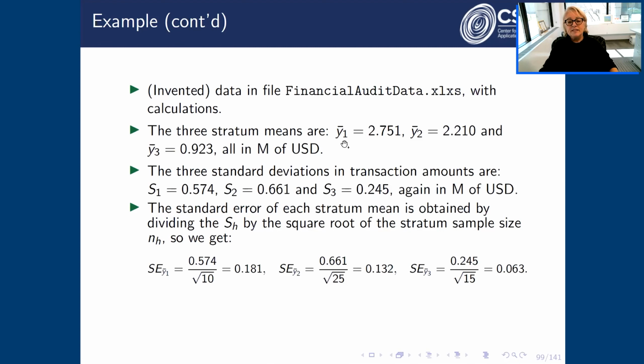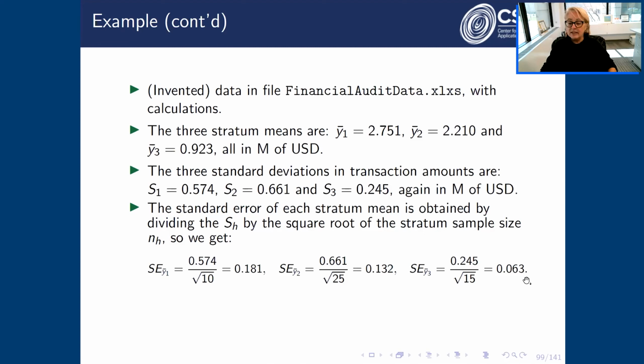The first thing we do is compute the 3 stratum means, and those are these values, all in millions of dollars. Then we compute the 3 standard deviations, 1 for each stratum, and this is what I get. Now I can compute the standard errors for each of the 3 strata means. That's just the standard deviation divided by the square root of the sample size in each of those cases, and that is what I get.